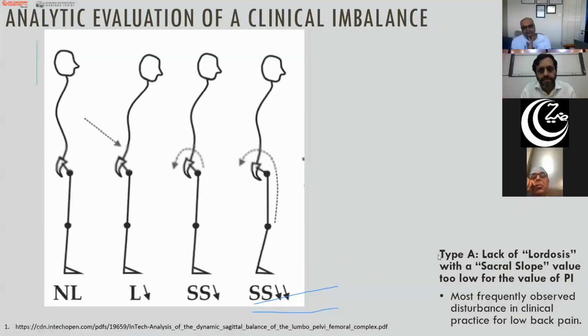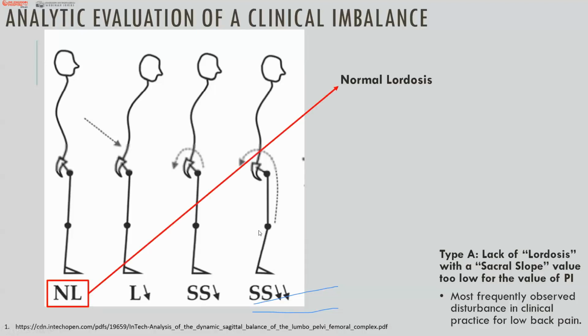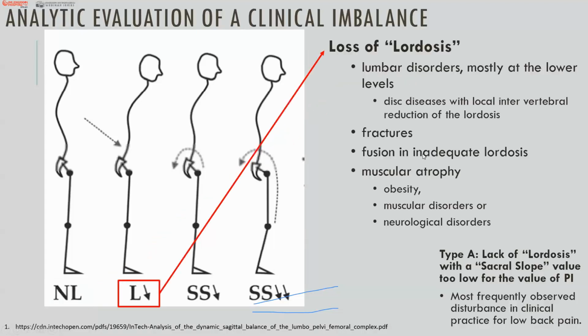Now, what happens in real life is this is a patient with a reduced sacral slope, and you can see that these are the conditions. If you have fractures, if you have fusion with inadequate lordosis, or if you have muscle atrophy or muscle disorders, then the patients may stoop forward in order to compensate.